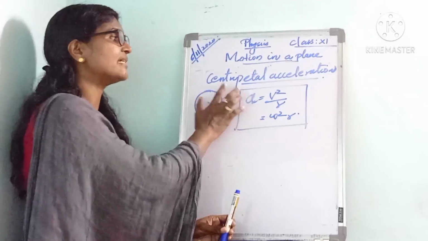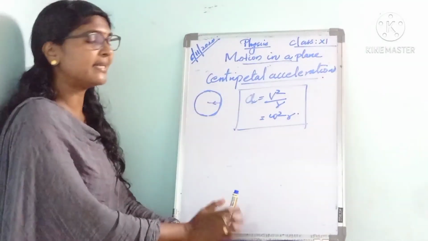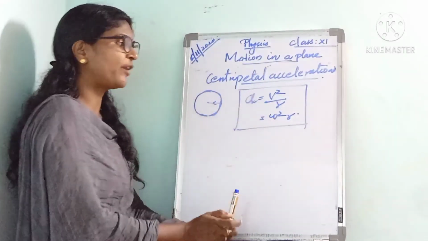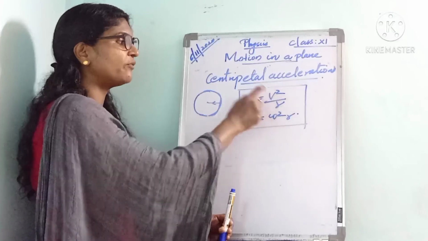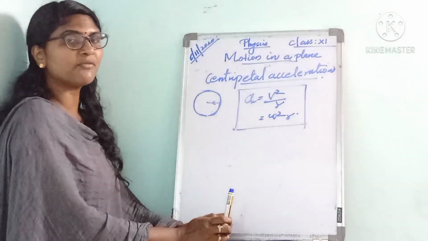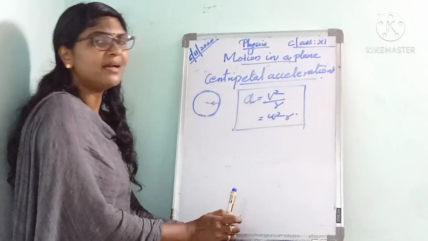We have the expression for centripetal acceleration as a equal to v square by r in terms of linear velocity, and in terms of angular velocity the centripetal acceleration is omega square r.